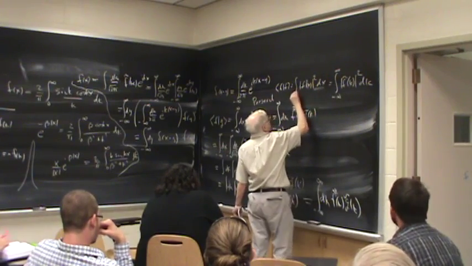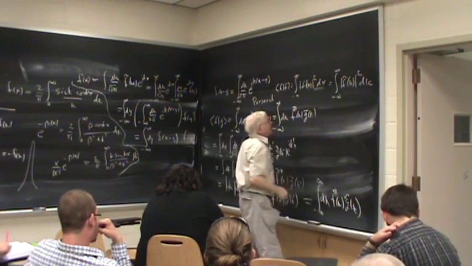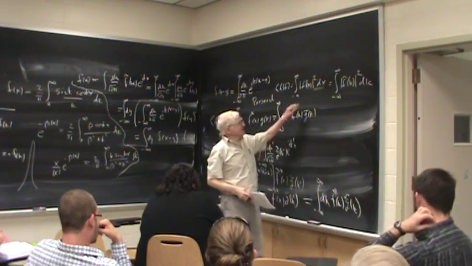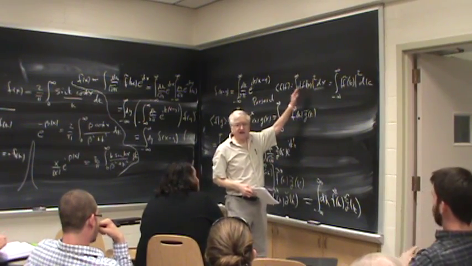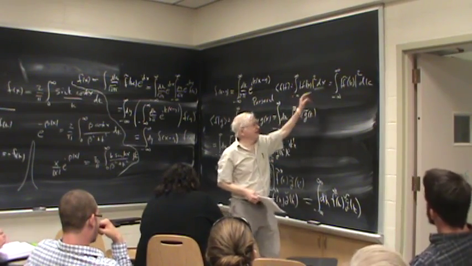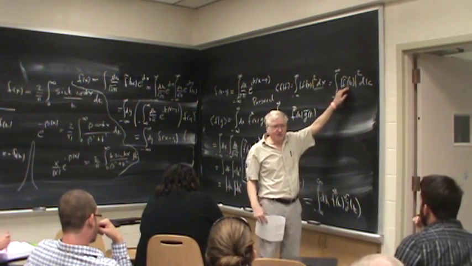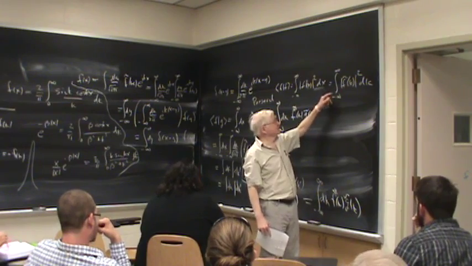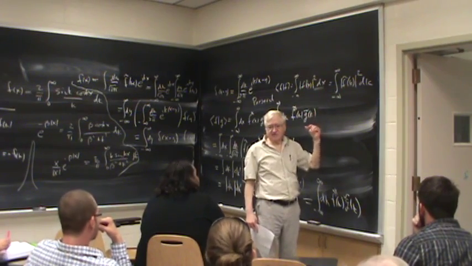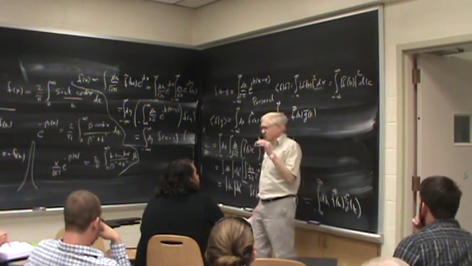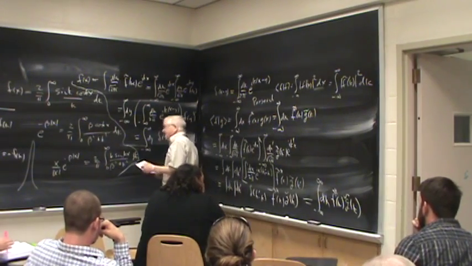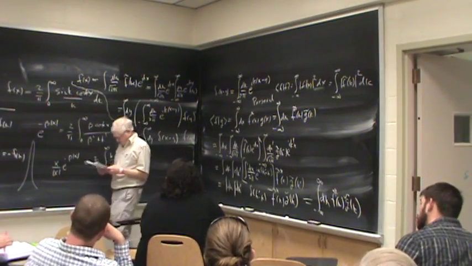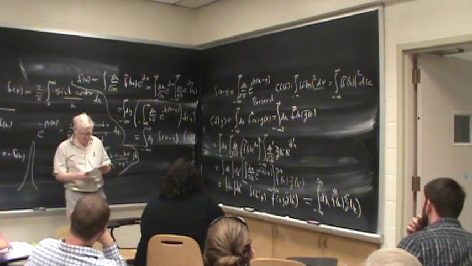So this is the statement that if something is square integrable, it has a Fourier transform, and the Fourier transform is also square integrable, and moreover, the two integrals are the same. So you can compute the norm of the function in x space or in Fourier transform space.